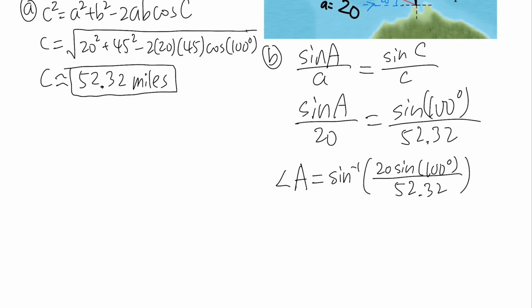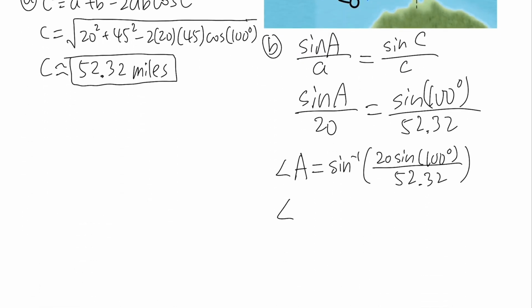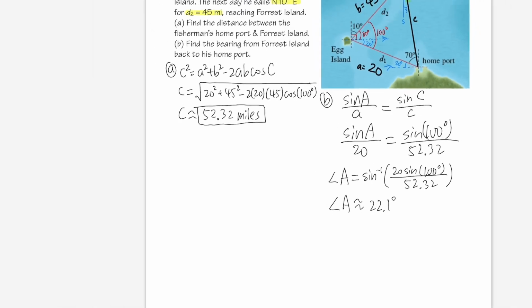We have inverse sine of 20 times sine of 100 degrees, and then divided by 52.32. So I get about 22.11. So I'll just write that down. Angle A is about 22.11 degrees, or 22.1 degrees. Yeah, for angles, I'll just round it to the first decimal place.